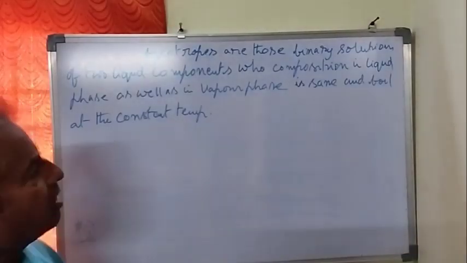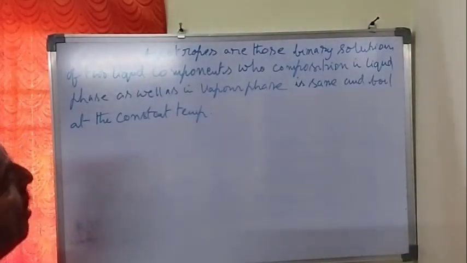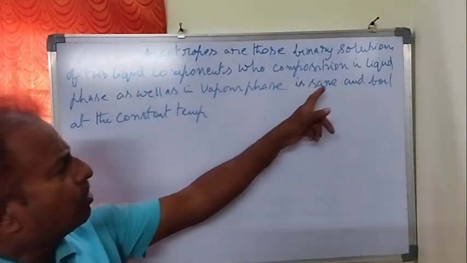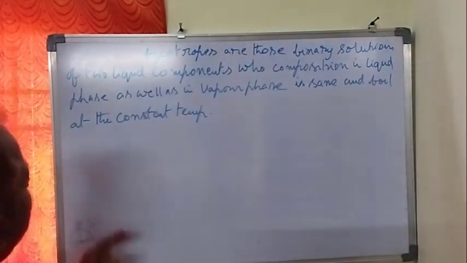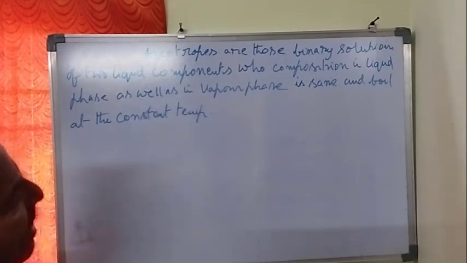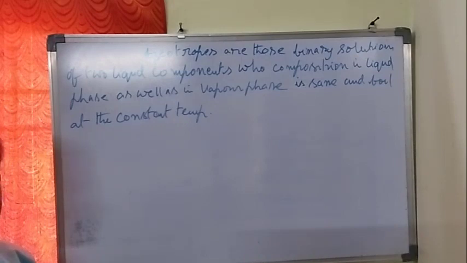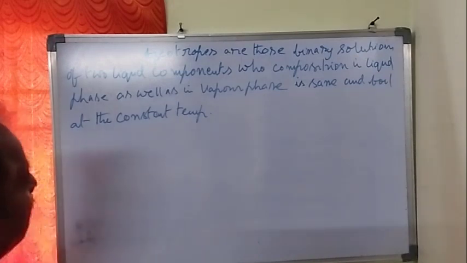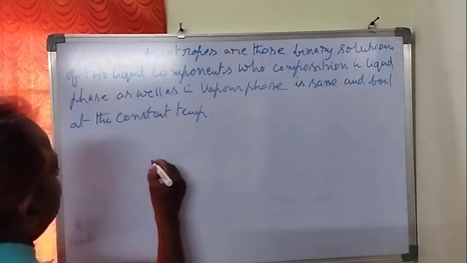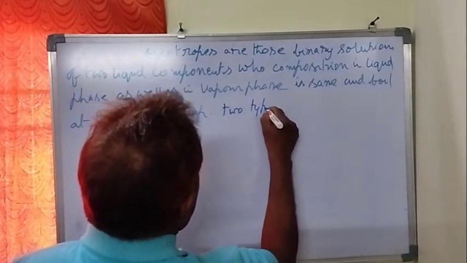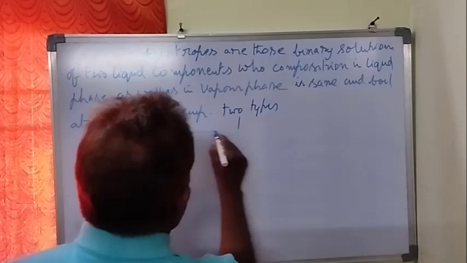Now let us discuss azeotropes. Azeotropes are those binary solutions of two liquid components whose composition in the liquid phase as well as in the vapor phase is the same and which boil at a constant temperature. Azeotropes are of two types.